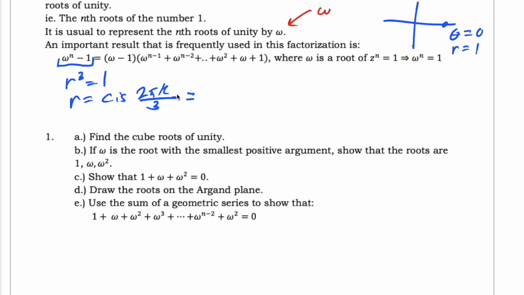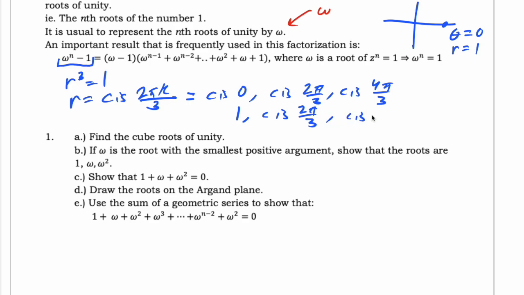And when you plug in 0, 1, and 2, you're going to get cis 0, cis 2 pi over 3, and cis 4 pi over 3. And cis 0 is just 1, so it's going to be 1, cis 2 pi over 3, and cis 4 pi over 3, which makes sense because your roots have to be evenly spaced around the axes here.